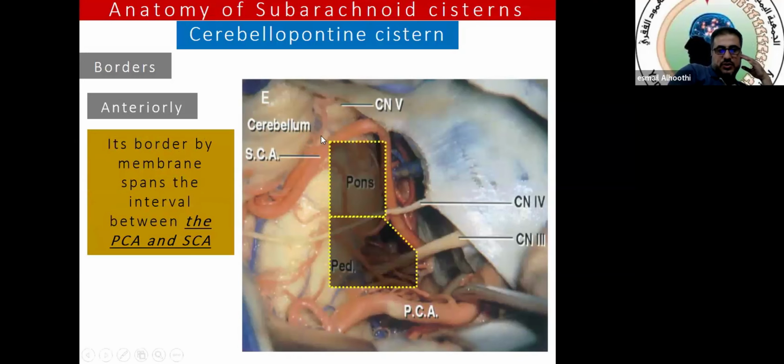As we see here, this is the superior cerebellar artery and the posterior cerebral artery. The membrane spread between these two arteries makes the anterior border of this cistern.